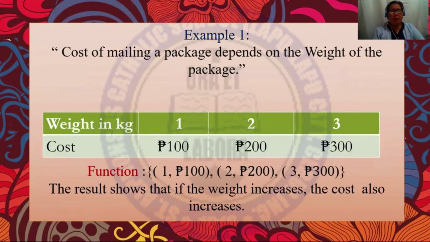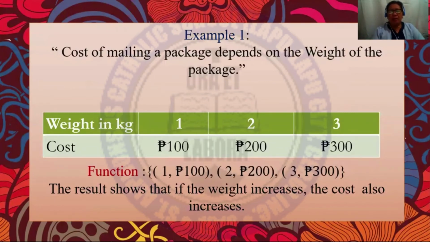Example number 1. Cost of mailing a package depends on the weight of the package. So for example, if the weight of the package is 1 kilogram, the cost is 100 pesos. If the weight is 2 kilograms, it will cost you 200 pesos. And if the weight is 3 kilograms, then the cost is 300 pesos.